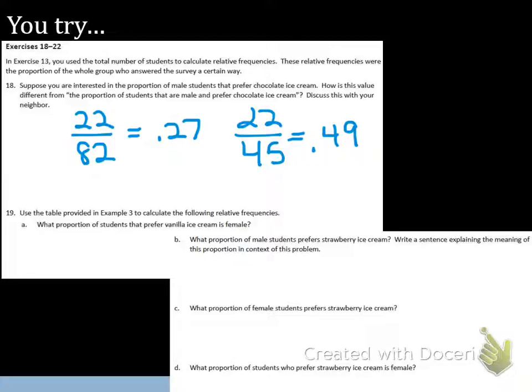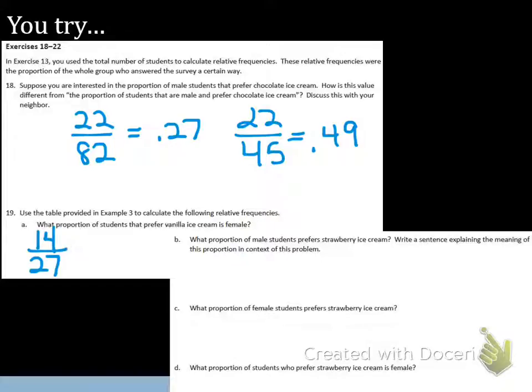Okay, so let's look at number 19 here. Use the table provided in example 3 to calculate the following relative frequencies. A, what proportion of students that prefer vanilla ice cream is female? If I look back at my table, I look at the females that prefer vanilla, and that is 14 out of 27 that prefer vanilla.